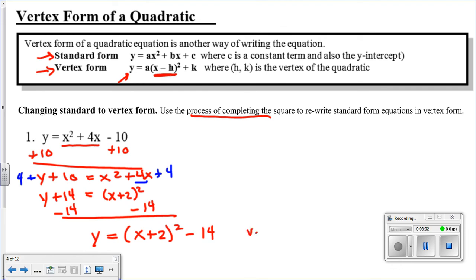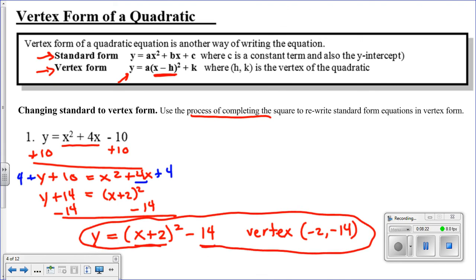And with that, keep in mind, x plus 2 means move left 2, so the vertex is -2 comma, and this is down 14, so -14. And there you go, there's one of them. Let's try this again.